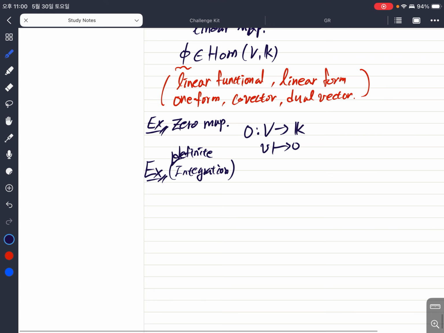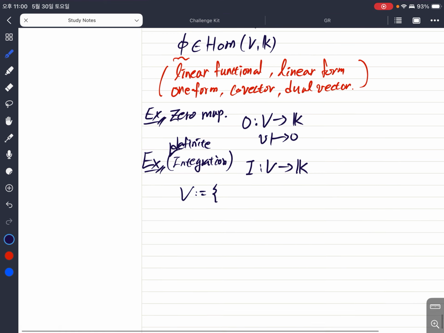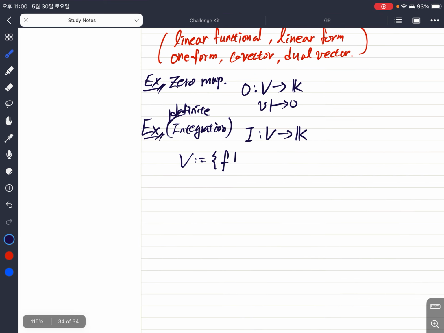Let us define I from V to K, where V is now a special case: V is some set of f, where f is a continuous real function.